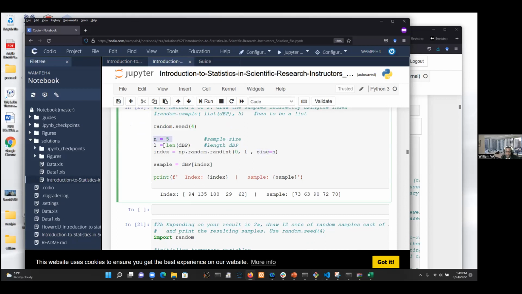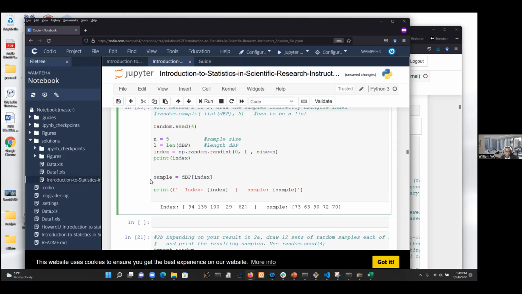I'm going from 1 through the length of the data. I want to look at all the data. Each time I'm going to take the index. So let's print the index, what the index will give us out of here. Once I print the index, then I'm going to use the index to sample.